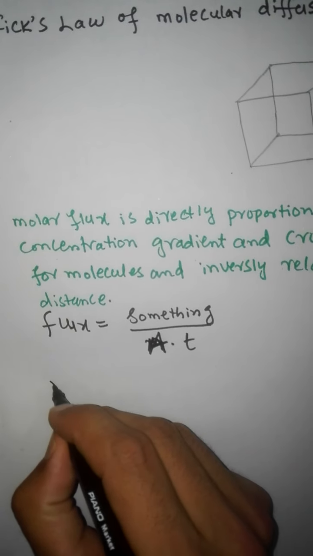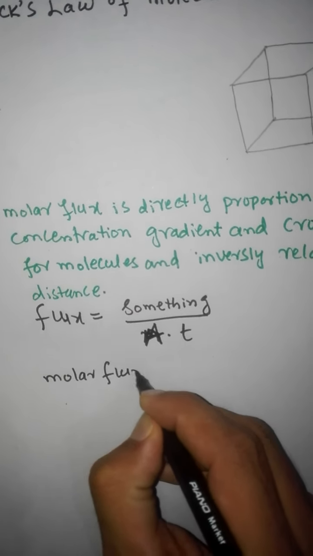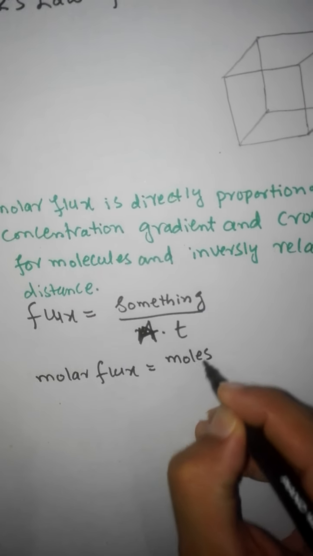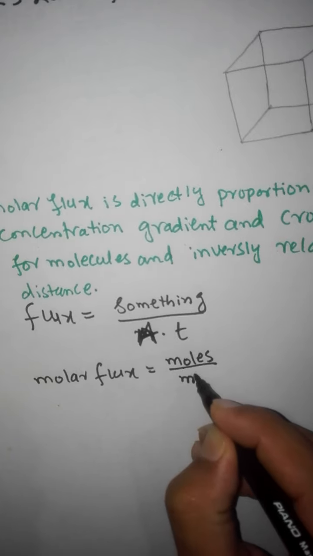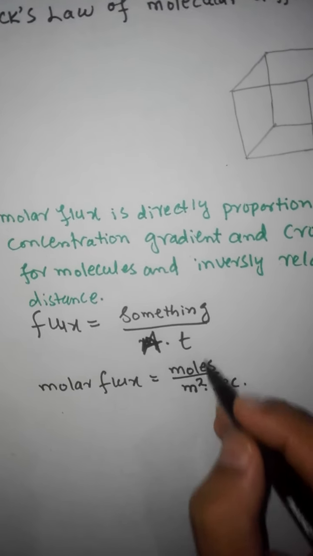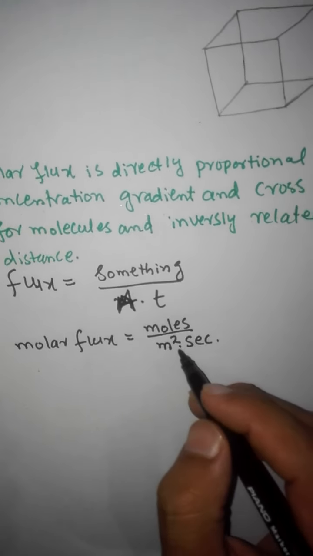Molar flux is the number of moles per unit area, which is square meter, per second. It is mole per unit area into time. It is known as molar flux.